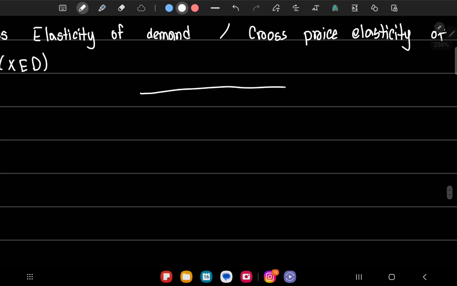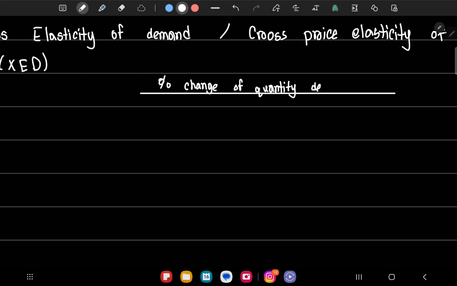So its formula is given by percentage change of quantity demanded of good A divided by the percentage change in price of good B.